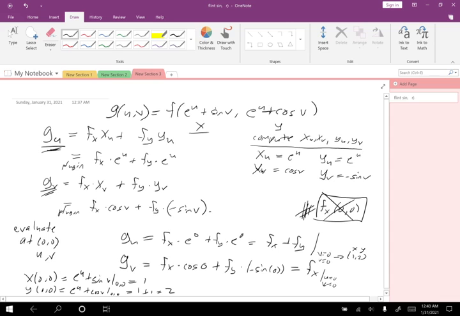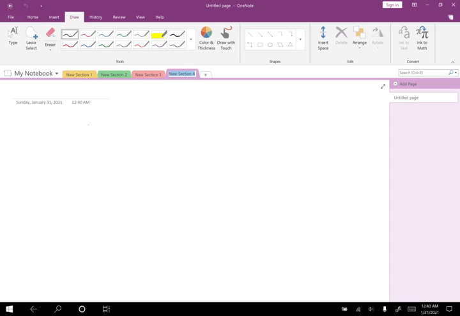You can put these x, y's above the ordered pair if that's helpful. Okay, so to summarize, g sub u is f sub x plus f sub y evaluated at 1, 2, and this is x, y. And g sub v is f sub x evaluated at 1, 2, this is x, this is y.